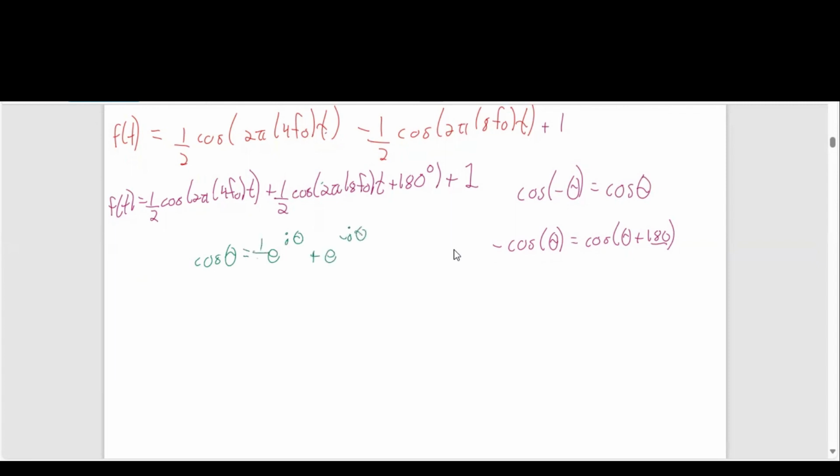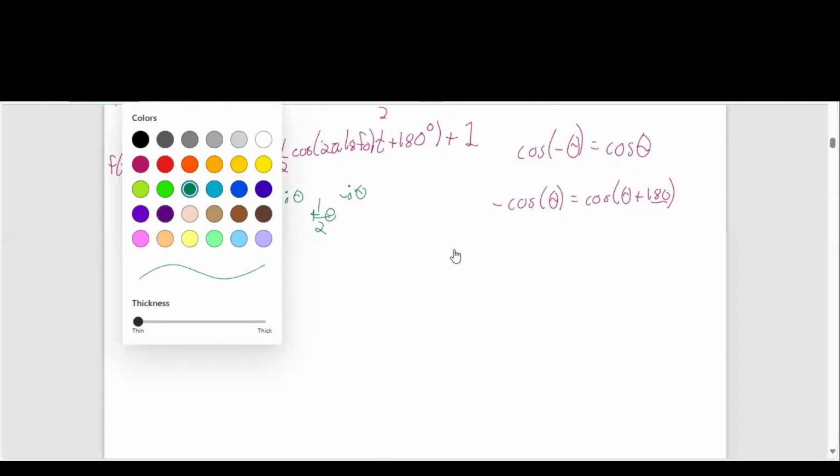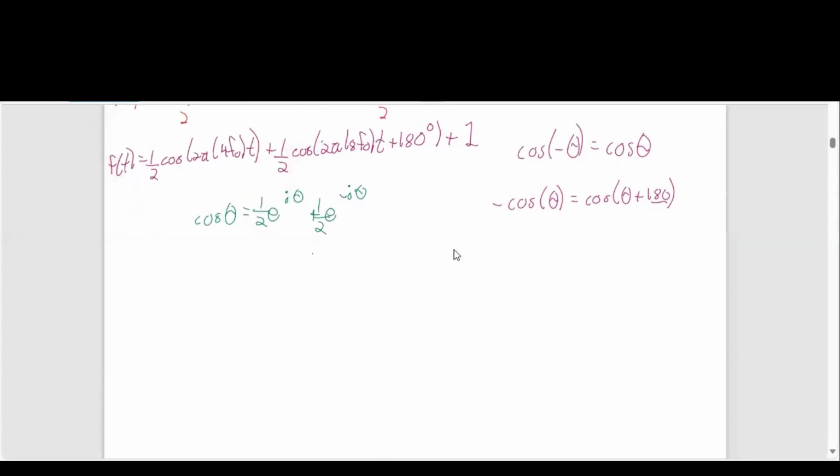And I'm just going to write it as a half, just for simplicity, because it's going to be happening. So let's do that. All right, so for the first piece, because it's a half, multiplying a half by a half, that'll be a quarter.